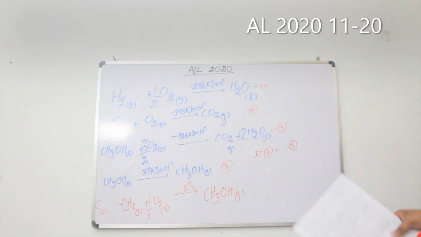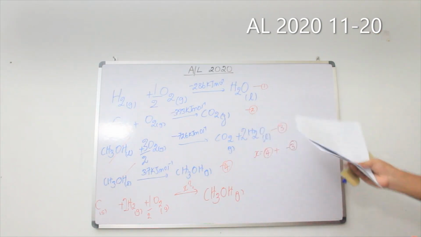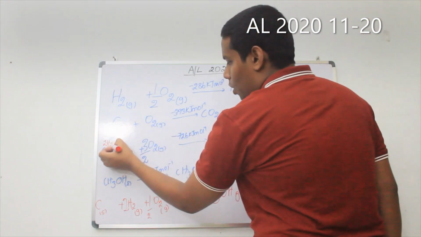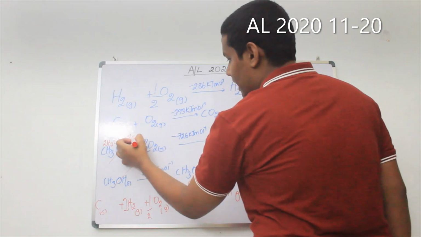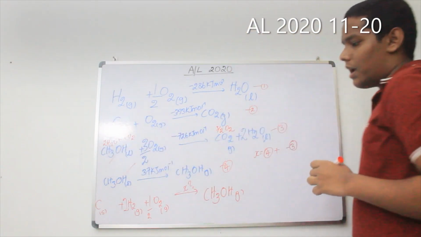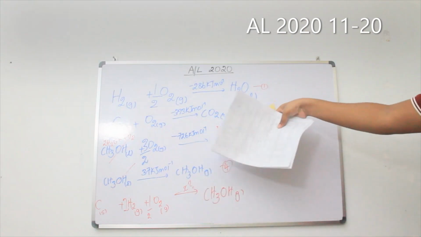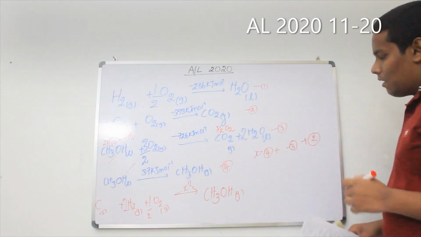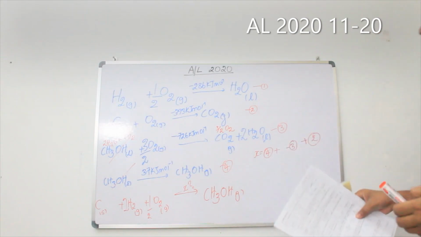Then what will happen? If I just flip the third equation, look at this: 2H2O plus carbon dioxide on this side, 3/2 oxygen on this side. We need 1 carbon, and we also have 1 carbon. Plus 2. Okay. First one.